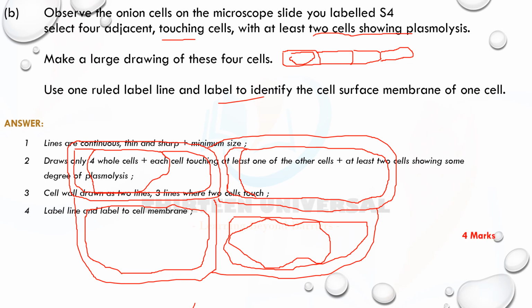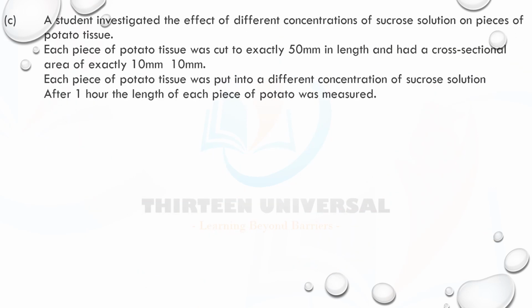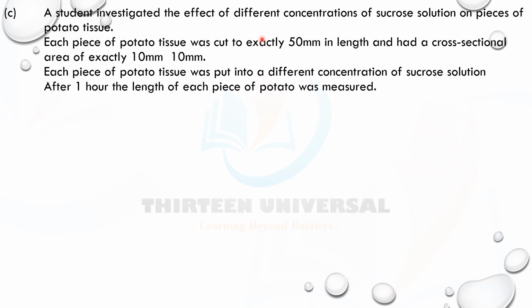So let's look at this format. A student investigated the effect of different concentrations of sucrose solution on pieces of potato tissue. Each piece of potato tissue was cut to exactly 50 millimeter. So you see, this is one of the constant variables, right? The length must be the same and had a cross-sectional area. The cross-sectional area must be the same.